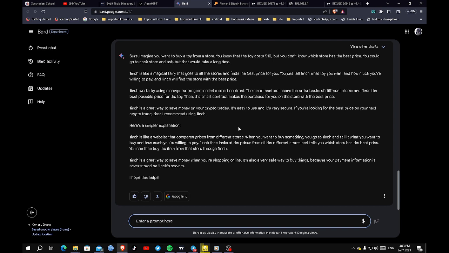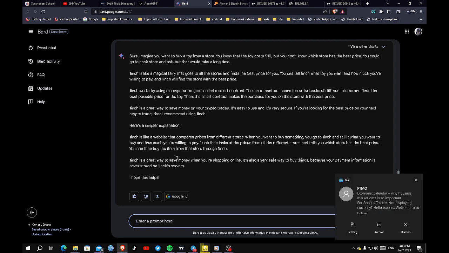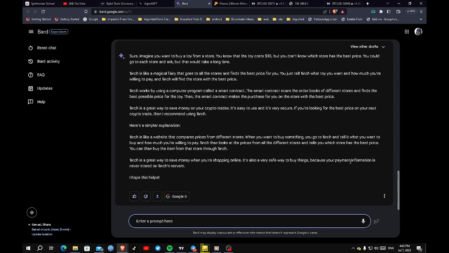It even gives you a much simpler explanation. 1inch is a website that compares prices from different stores. When you want to buy something, you go to 1inch and tell it what you want to buy and how much you're willing to pay. It's a great way to save money when you're shopping online. It's also a very safe way to buy things because your payment information is never stored on 1inch's service.